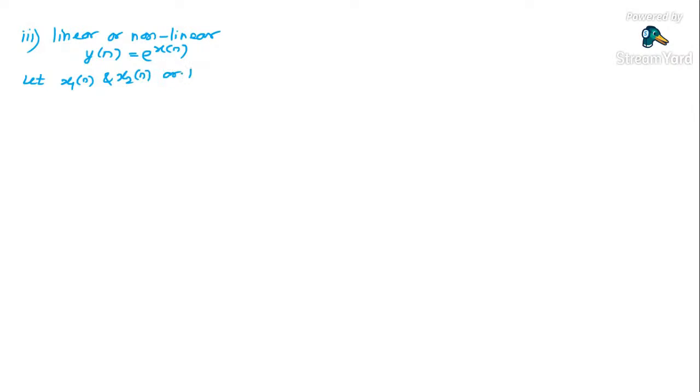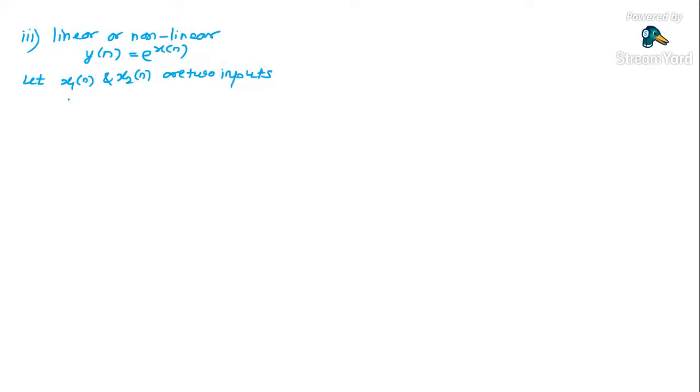Now we'll go for the linearity. Third is linear or non-linear. What is the equation? Y of n is equal to e raised to x of n. Now let x1 of n and x2 of n be two inputs.